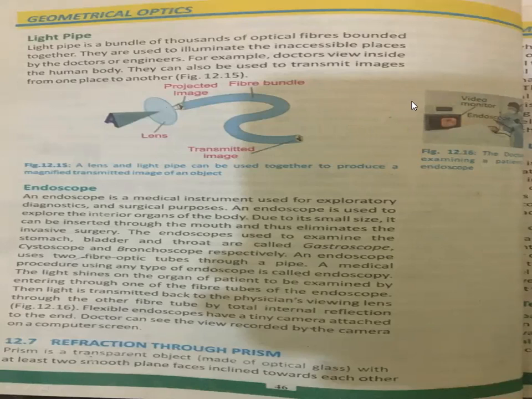This procedure is quick and very important because it eliminates invasive surgery. In surgery, the doctor has to rip open your body, but the doctor doesn't go for ripping open your body. They go for endoscopy.